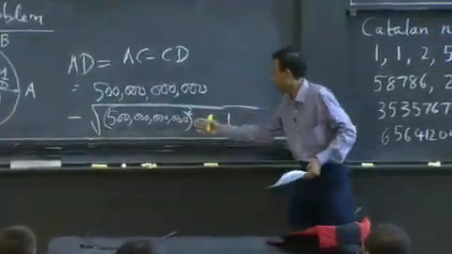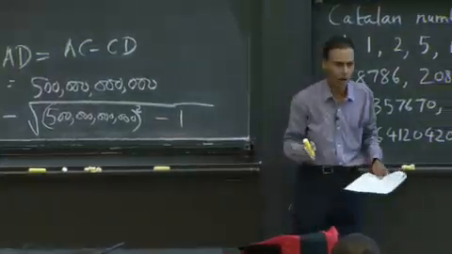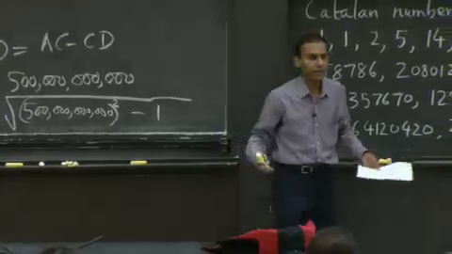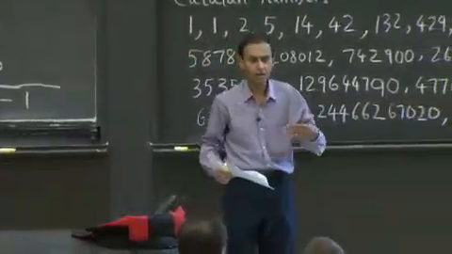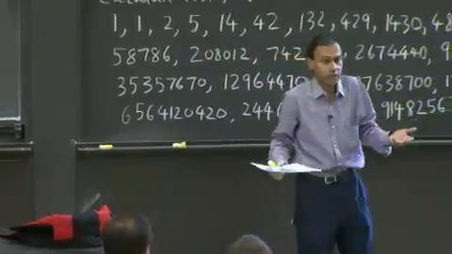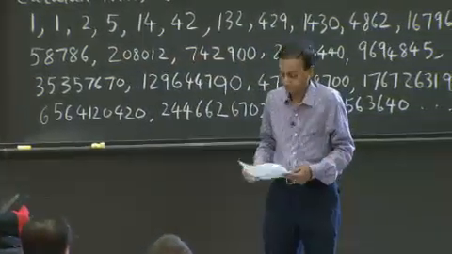You'd argue this clearly isn't a perfect square. You took a perfect square and subtracted 1 from it, so you have an irrational quantity that's going to go on. Let's see what it looks like.